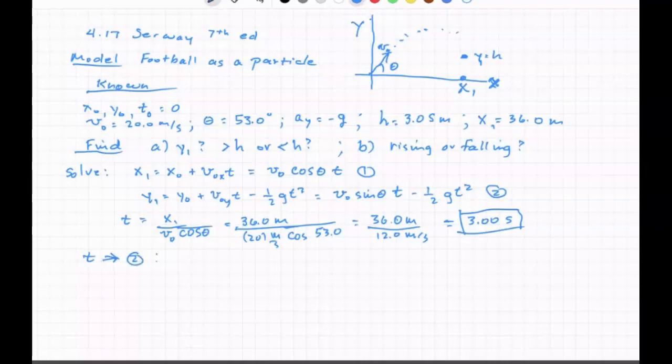And when we do, we get y1 is equal to v sub 0 sine theta, which is 20 meters per second, sine 53.0 degrees, times the time, 3.00 seconds.